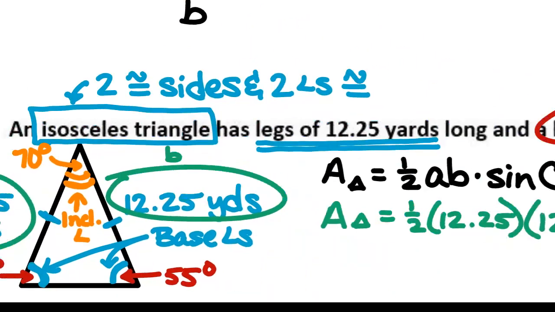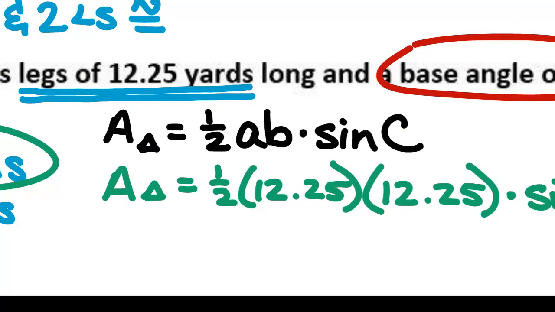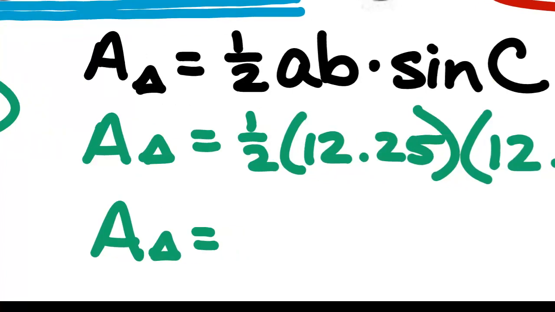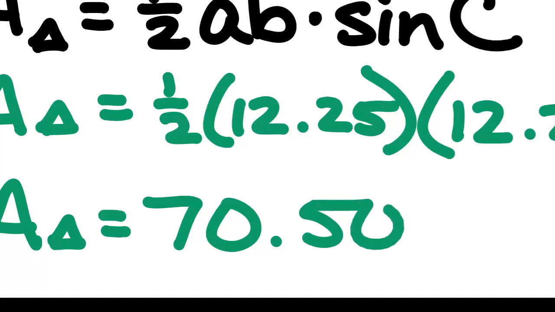Close my parentheses and type this into my calculator. And what do we get for the area of our triangle? .506, and then there's a 3 here.